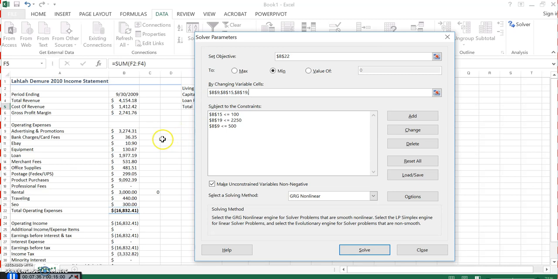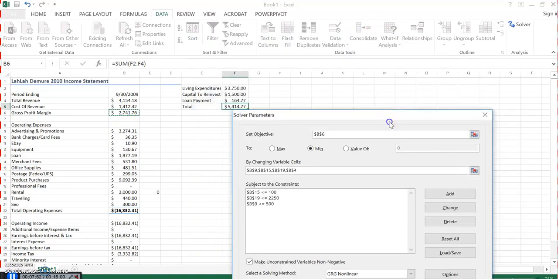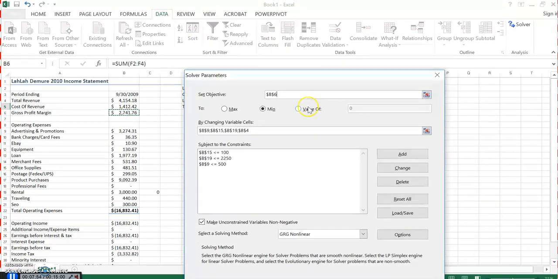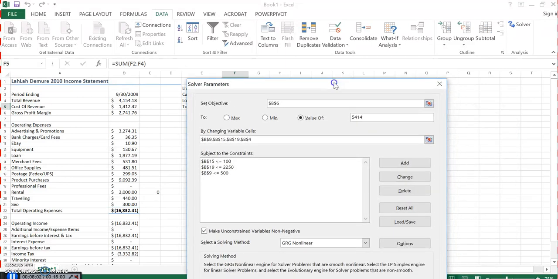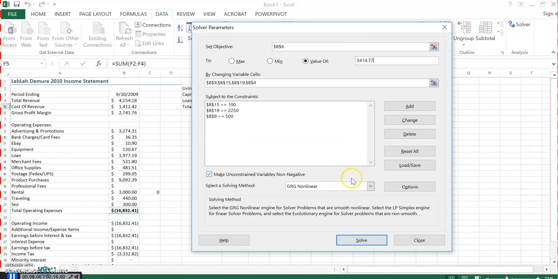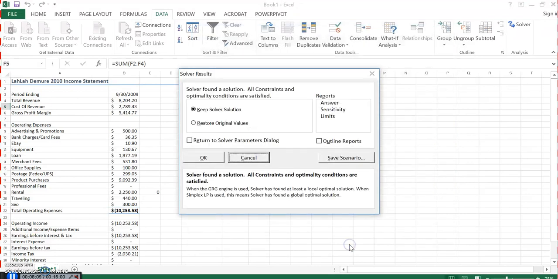We're going to keep these same constraints as last time. So let's add revenue to the equation, and this time we're going to go with gross profit margin. Okay, let's see where this leads us.